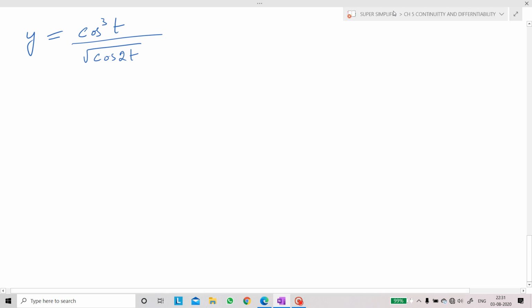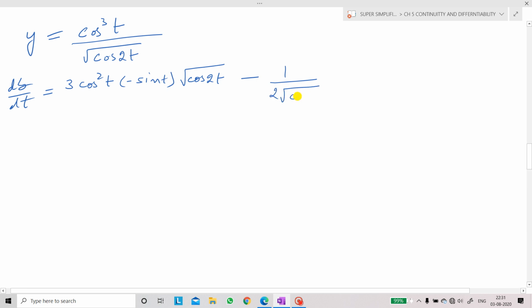So we get dy by dt is equal to quotient rule, derivative of numerator, which will be 3 cos square t, and derivative of cos t is minus sin t. So this is the derivative of cos cube t into square root of cos 2t minus derivative of square root of cos 2t will be 1 upon 2 times of square root of cos 2t, and in the numerator we will have minus 2 sin 2t.